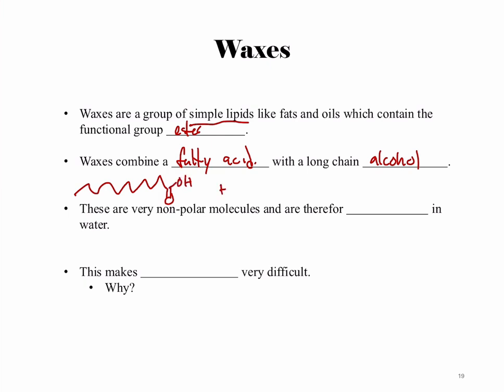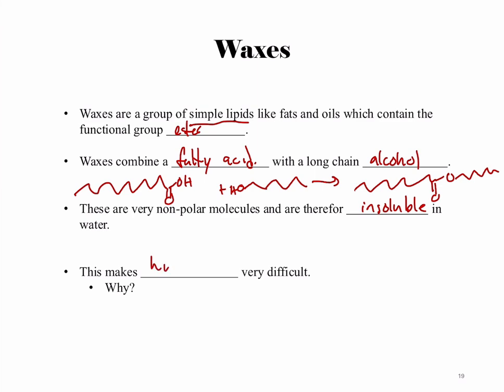This gets added with a long chain alcohol, so this is probably something also insoluble, to then make an ester bond that looks something like that. And see, these are very nonpolar molecules, and so this makes them insoluble in water. So waxes tend to be very insoluble. If you've ever used hair wax or anything like that, it's pretty hard to just wash off with water.